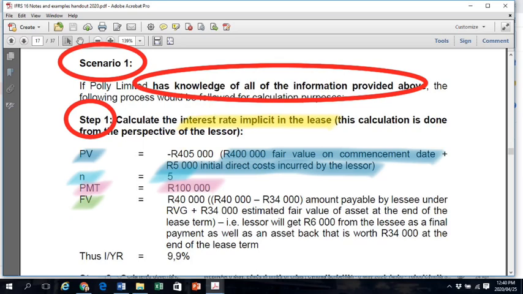So the expected return by the lessor is R6,000 from the lessee as a final payment, as well as an asset that's worth R34,000 at the end of the lease term. So the total residual value guarantee amount is the future value variable from the lessor's perspective. These variables will now give you the interest rate implicit in the lease of 6.9%.